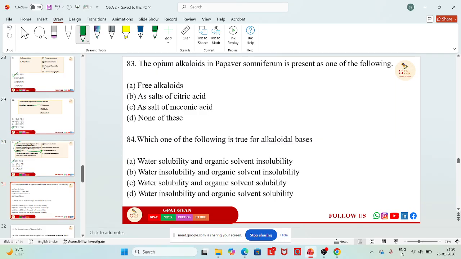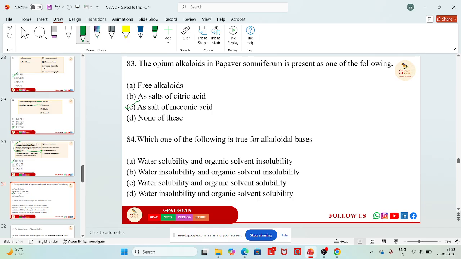Next is opium alkaloid in Papaver somniferum is present in one of the following. It is very easy. C will be, ma'am. Yes, salts of meconic acid. Salts of meconic acid, like that, they are present.